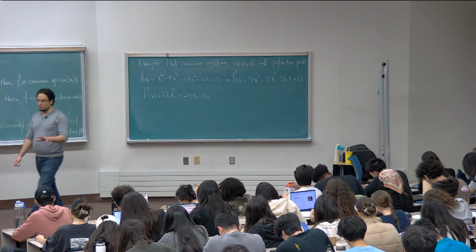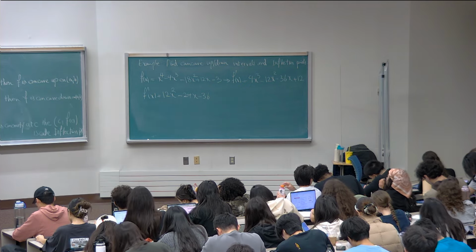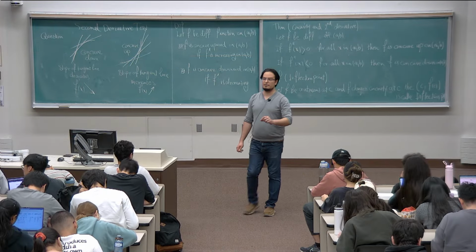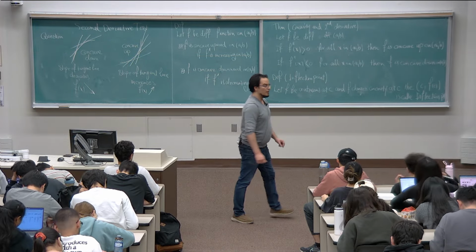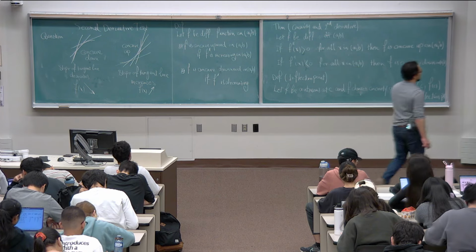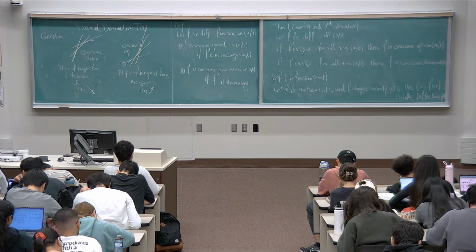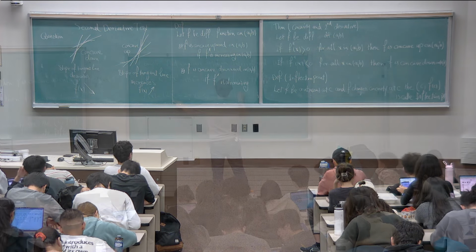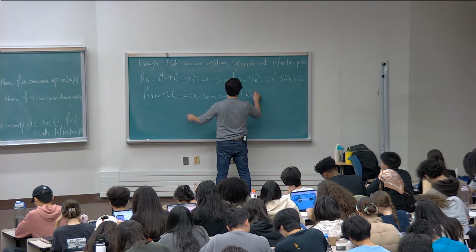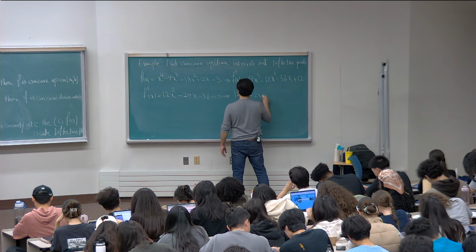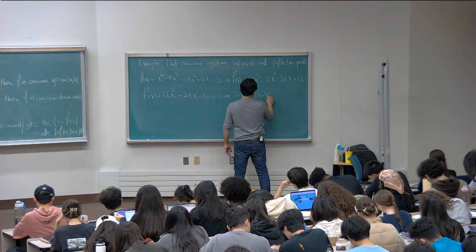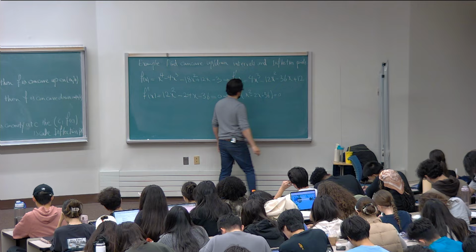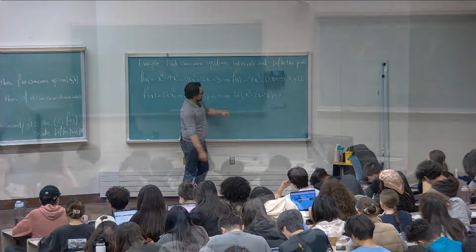I want to find where it is positive, where it is negative. So I need to start finding points at which this is 0. But if I factor out 12, factoring this is not difficult.